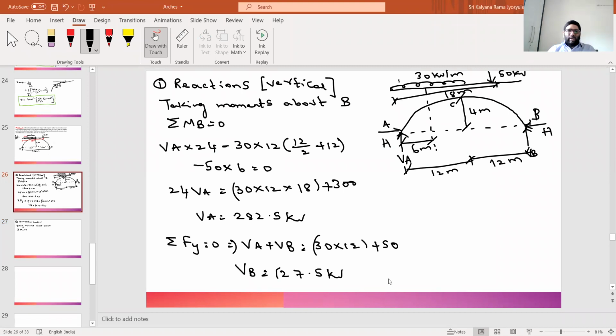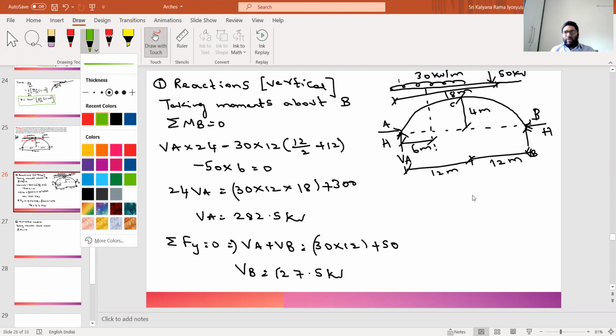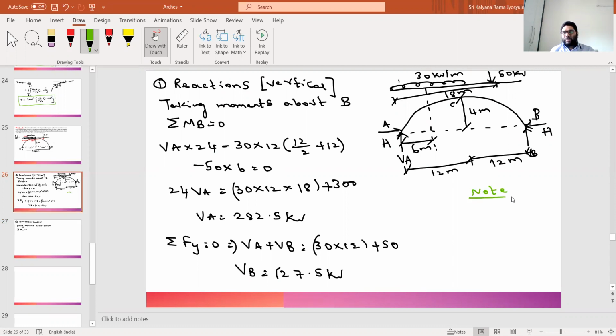There is also one more very important note point. You can make a note of it. We can start from left hand side or right hand side, depending on the simplicity.